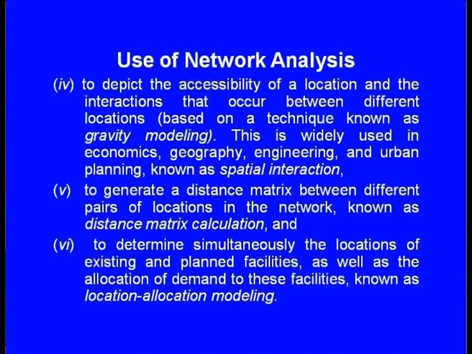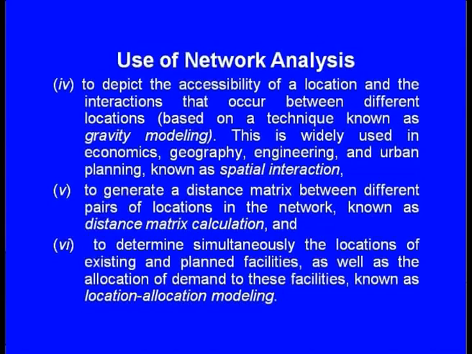To depict the accessibility of a location and the interaction that occurs between different locations based on a technique known as the gravity model, widely used in economics, geography, engineering and urban planning, known as spatial interaction.